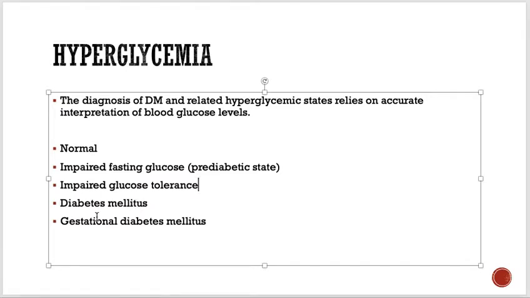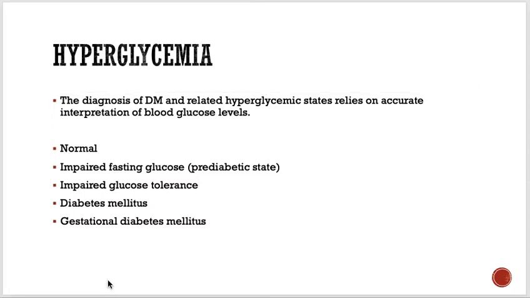Gestational diabetes mellitus: during pregnancy, there are many hormonal changes in the body. Some women who are not diabetic before pregnancy develop high blood sugar levels during pregnancy. We call it gestational diabetes mellitus. Now, guys, the important thing is that once they deliver the baby, their blood sugar levels go towards the normal range.